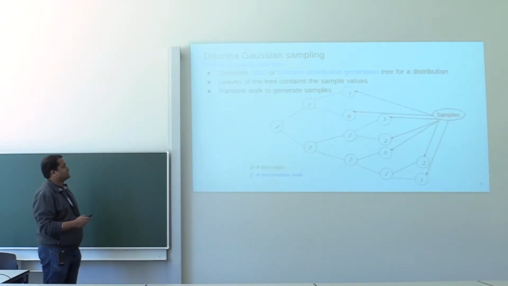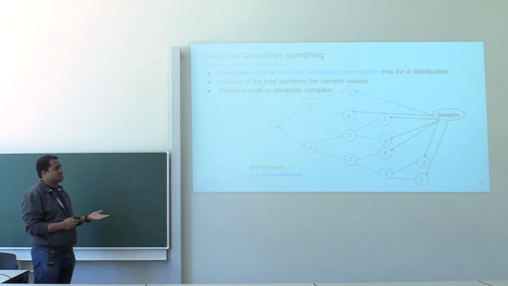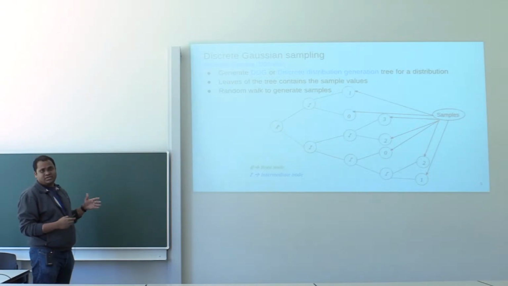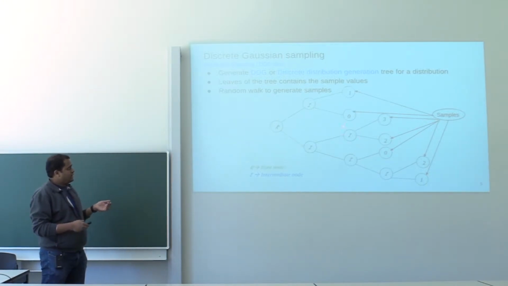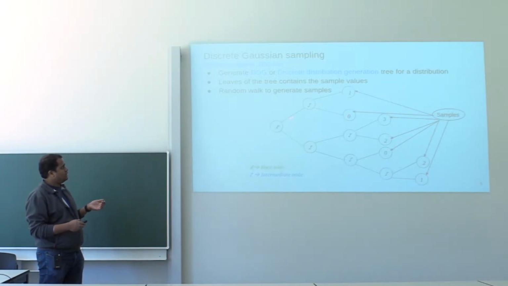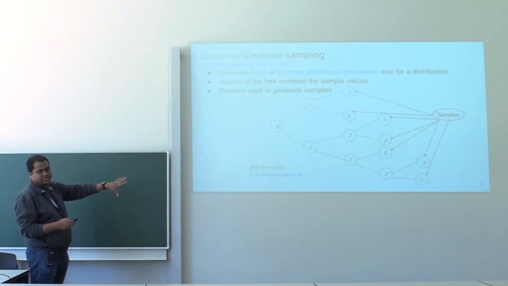So how do you generate this? A very popular method to generate a sample from a discrete Gaussian distribution is Knuth-Yao sampling. For this, we first create a DDG tree, the discrete distribution generating tree, which is a binary tree. Here this is the root node, these are intermediate nodes, and all the samples in the sample space are kept in the leaf nodes of this DDG tree.